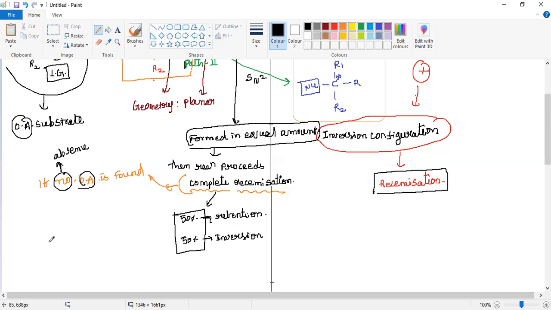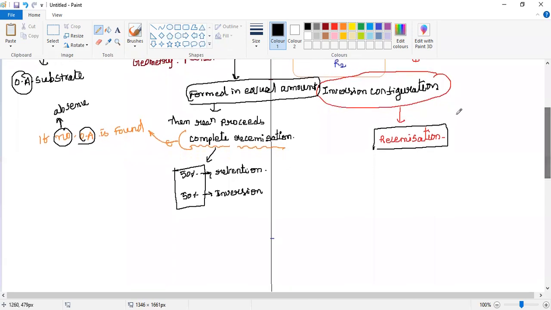It is not possible for me to write every point here, so it is better to write whatever I am saying as notes. What I am saying here is that optically active alkyl halides undergo SN1 reaction. They give partially racemized products, not completely, instead of complete racemized products.